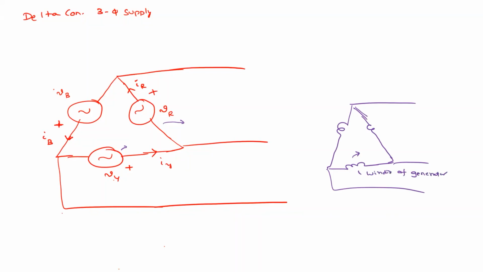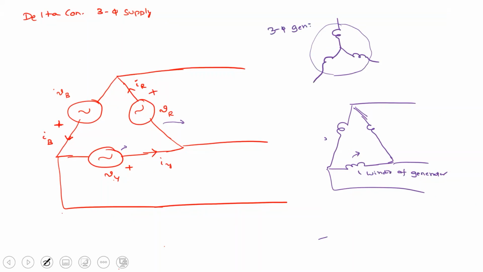Instead of representing with voltage sources, they will represent it like this also. Both are identical. Similarly for a star connected system, they will represent it like this. So this is the representation of a three-phase generator. This is not the inductance, this is the winding diagram, the winding representation. Here three windings are there, which are displaced by 120 degrees.